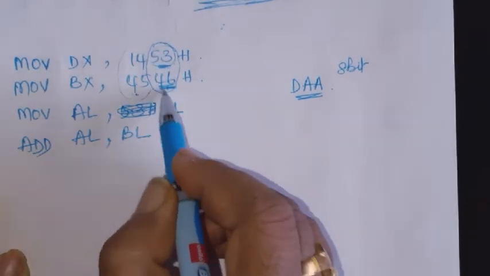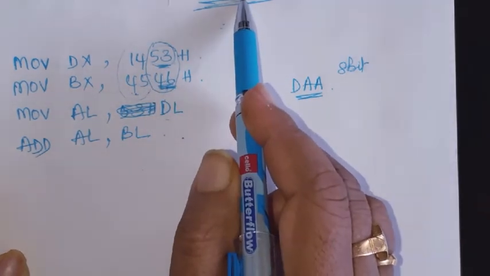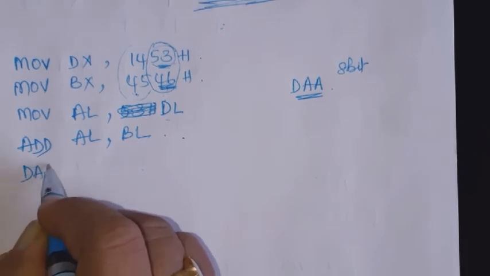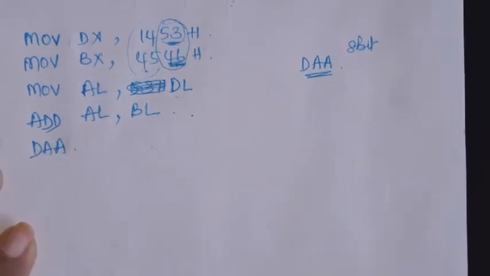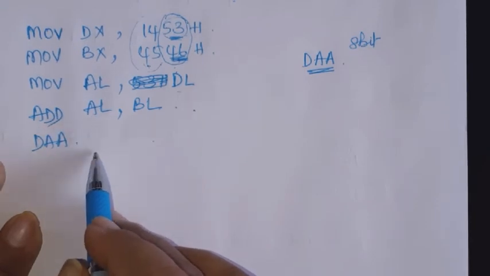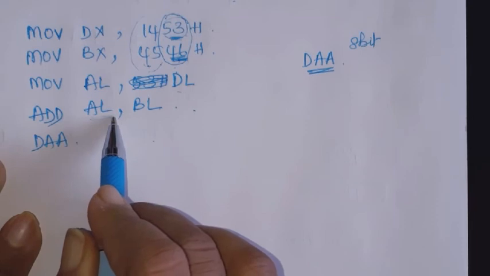So these two are added. Now this addition is performed in binary internally, so you want the result in decimal. So use the instruction DAA. This will adjust the result to its equivalent decimal. So the decimal equivalent is there in the AL register.